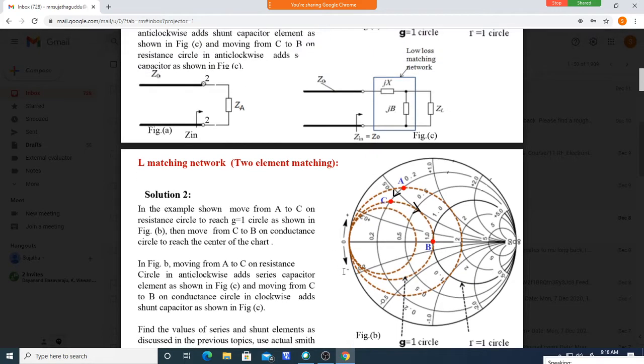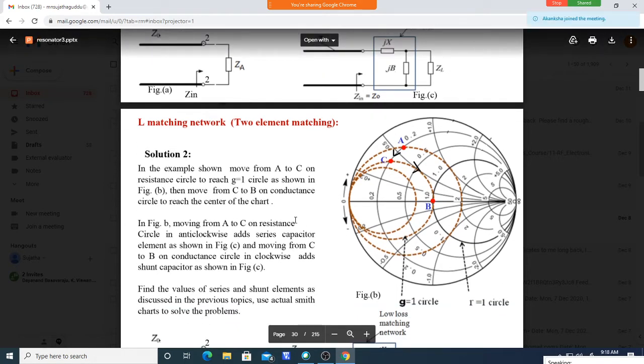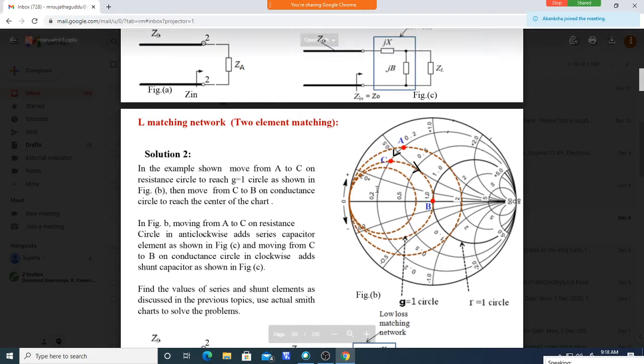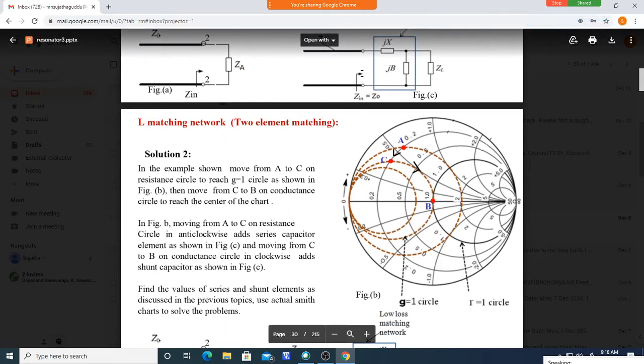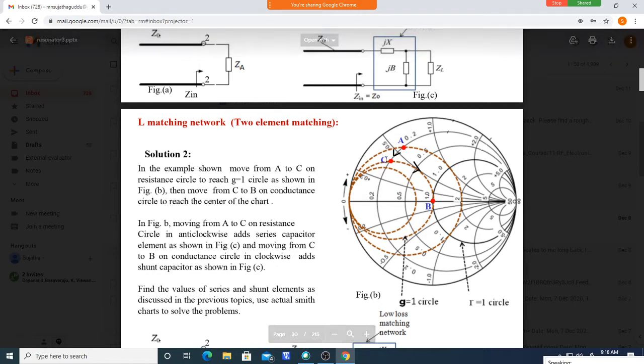So in the Smith chart, you can opt for a 50 ohm here. If you want a 50 ohm input here, the impedance must be 50 ohm. From the given load, you move like this to reach the value here.